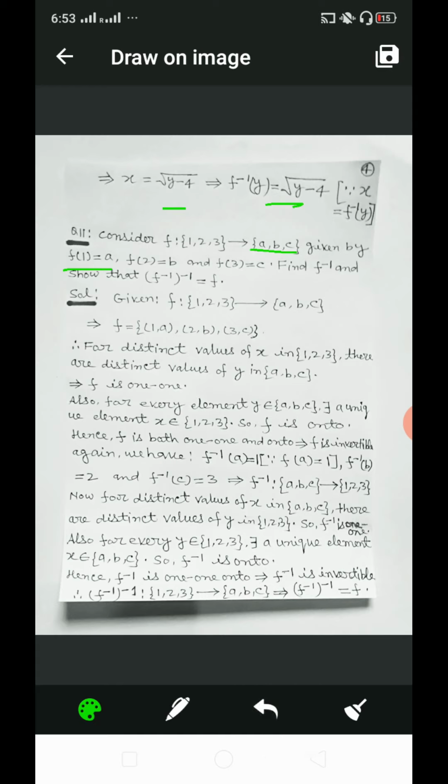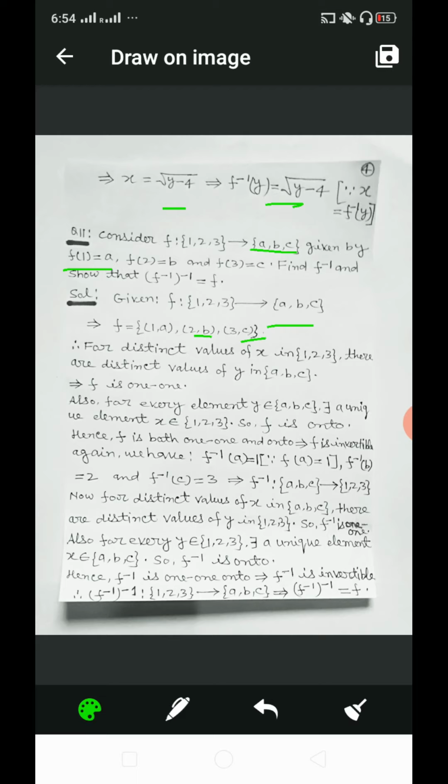Dear students, for solution it is given that f is from a set of elements 1, 2, 3 to a set of elements a, b, c. Since it is given that f(1) is equal to a, f(2) is equal to b, and f(3) is equal to c, so we can write f is equal to, in ordered pair form, (1, a), (2, b), (3, c).